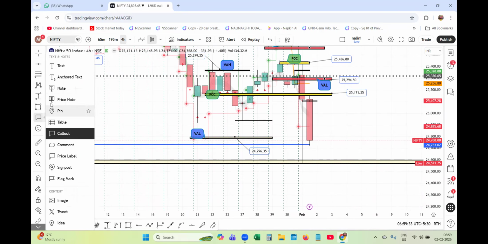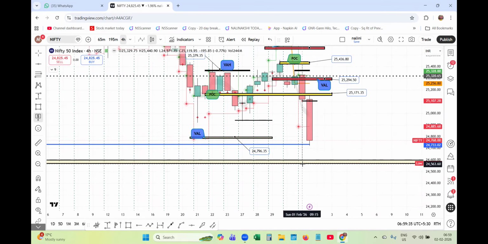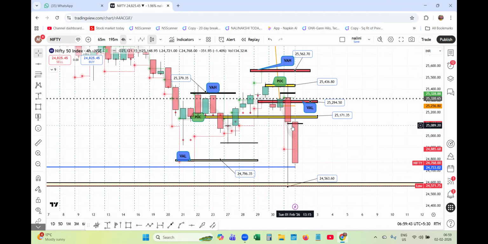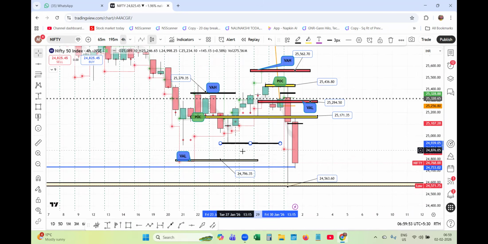Price label, price note. This was the liquidity sweep, and then it closed inside, giving an illusion that it is going to turn around. This is a different type of price action. One, it is a liquidity sweep candle, but it has come down to this level.